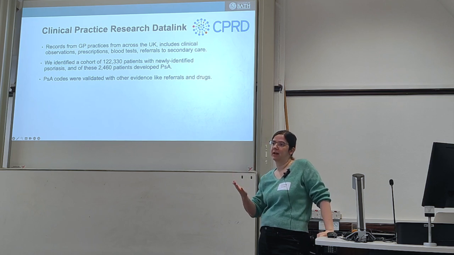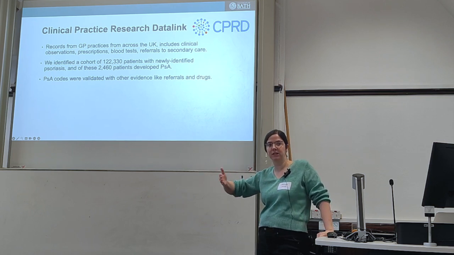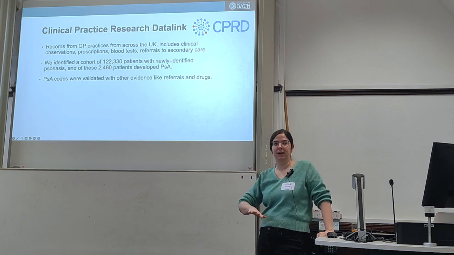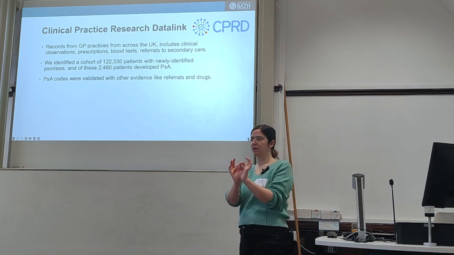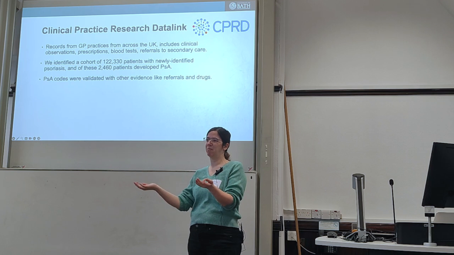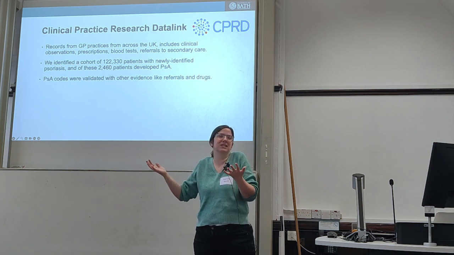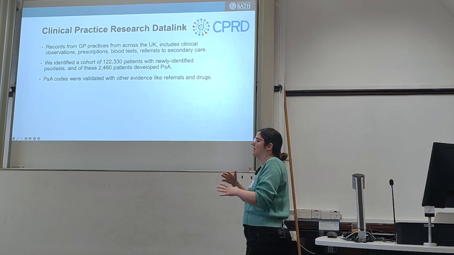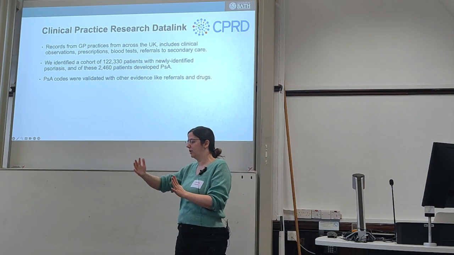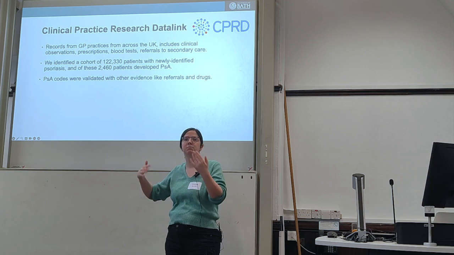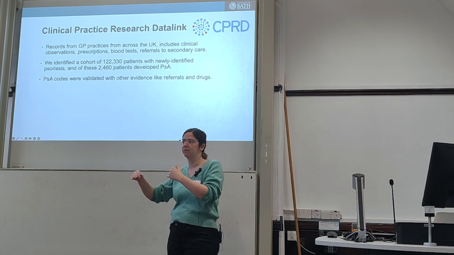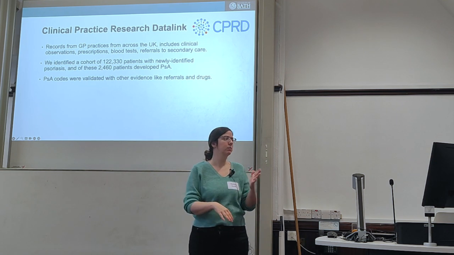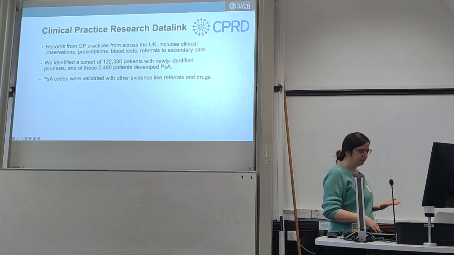If someone has psoriatic arthritis, they should have ongoing treatment with some medications to tamp down the immune system. So if they have one code and then no evidence of treatment, it probably is that they don't actually have psoriatic arthritis. Similarly, if we saw a PsA code, but then we saw ongoing codes for, say, rheumatoid arthritis, it's probably more likely that patient has rheumatoid arthritis than psoriatic arthritis, so we wouldn't flag them in our algorithm.